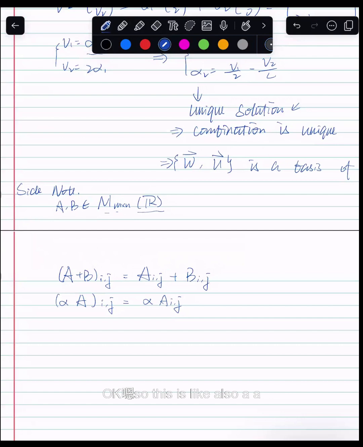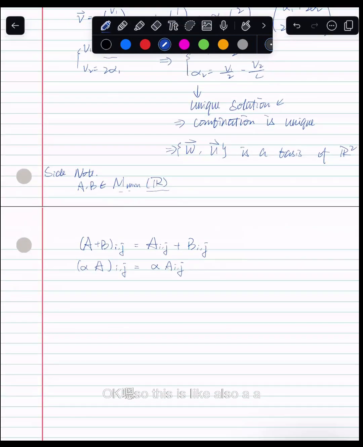Okay, so this is also a sum of two elements and a scalar multiplication of an element inside of a vector space.